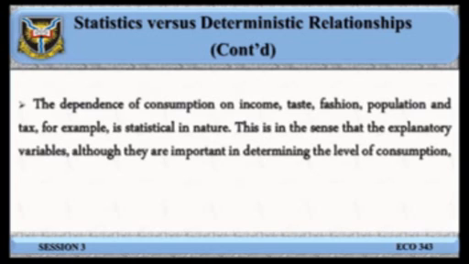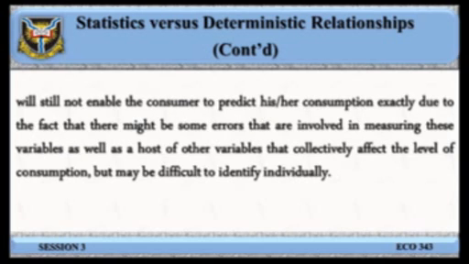The dependence of consumption on income, taste, fashion, population, and tax, for example, is statistical in nature. This is in the sense that the explanatory variables, although they are important in determining the level of consumption, will still not enable the consumer to predict his or her consumption exactly, due to the fact that there might be some errors involved in measuring these variables, as well as a host of other variables that collectively affect the level of consumption but may be difficult to identify individually.